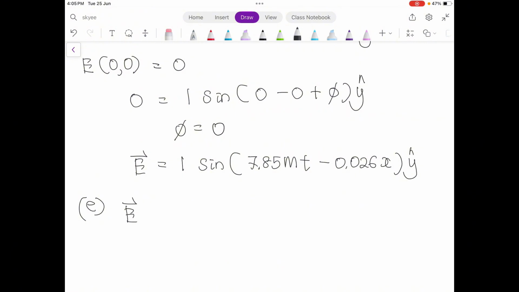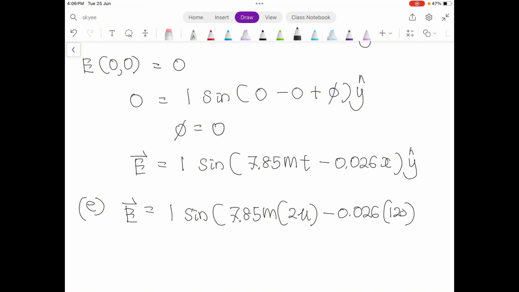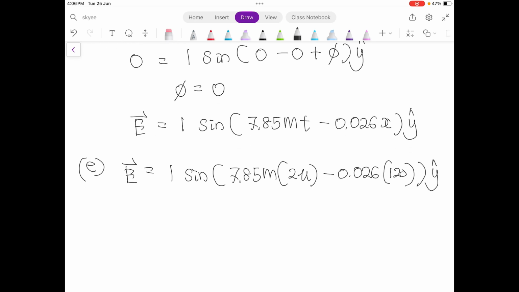So E is equal to 1 sine, you multiply this 5 mega with t is 2 micro, minus 0.026, and x is 120, in y. Take note, you have to set the angle to radians to get this answer, equal to negative 7.96 millivolt per meter. So this is the electric field at these conditions.